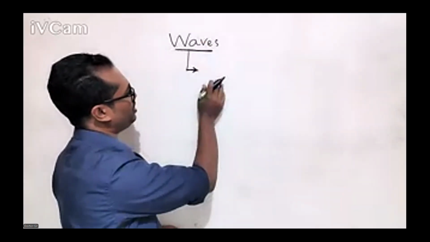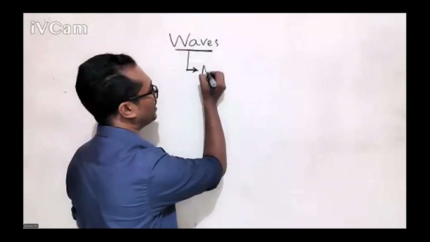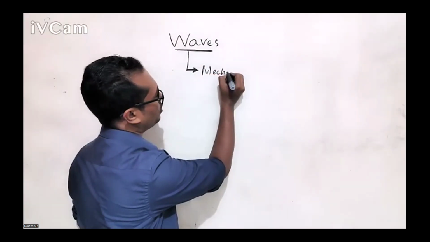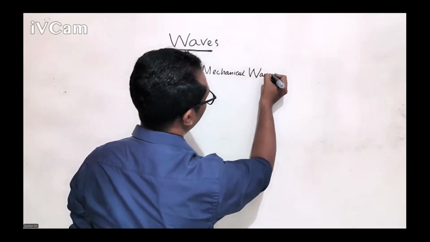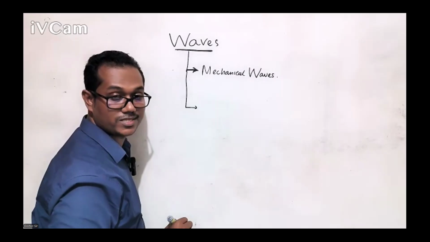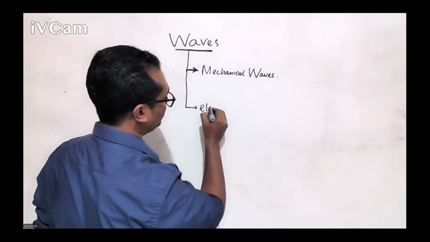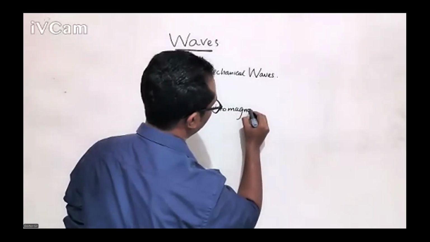We classified waves into two categories. One is the mechanical wave, and the other is the electromagnetic wave.